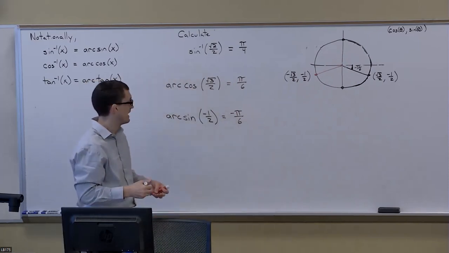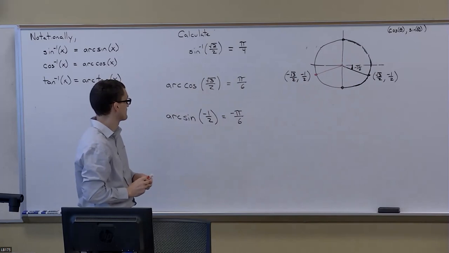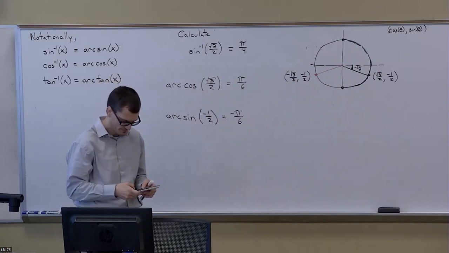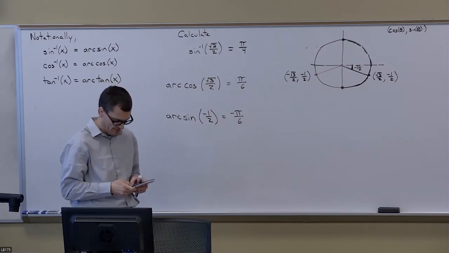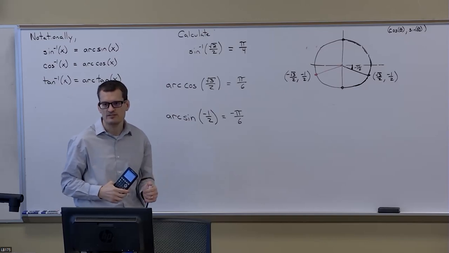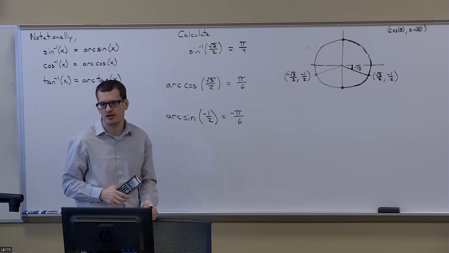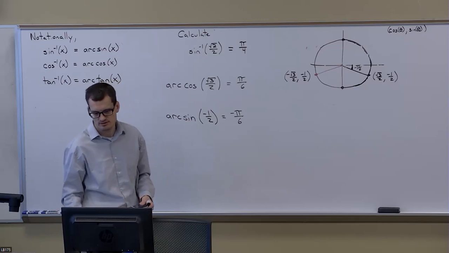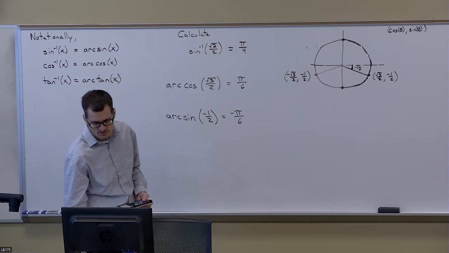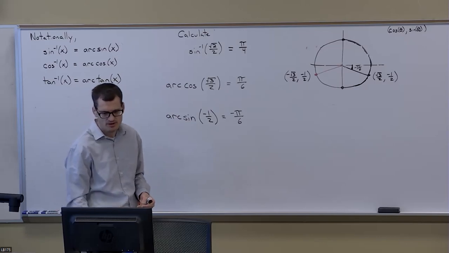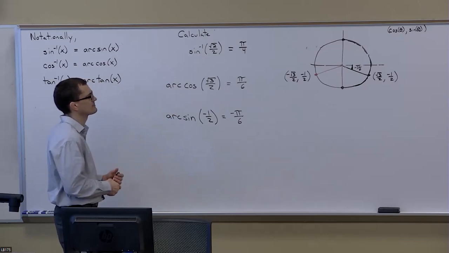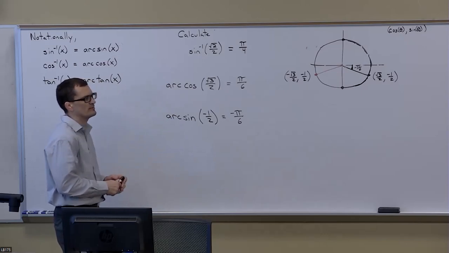And again, when in doubt, just type it in. Type in inverse sine, -1/2. And sure enough, I got -π/6, or the decimal version, I should say, of -π/6. Any questions about that?